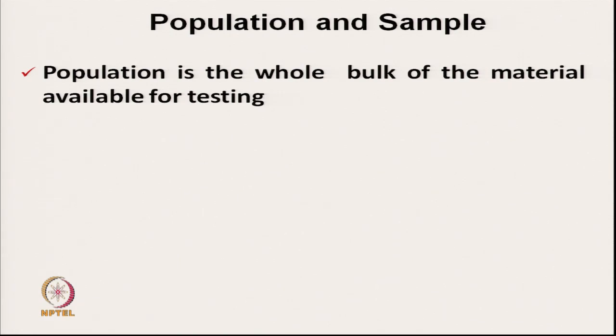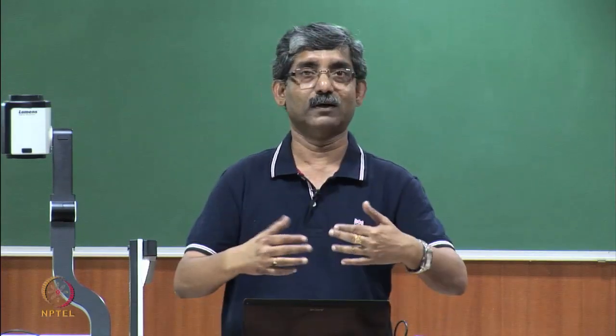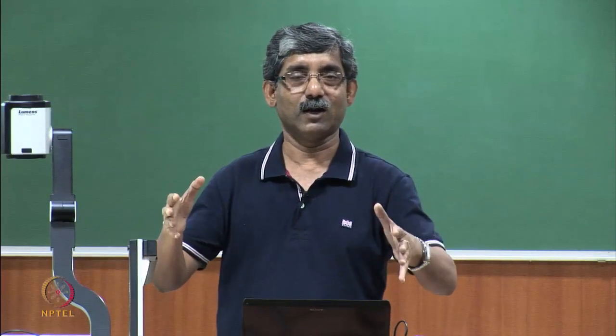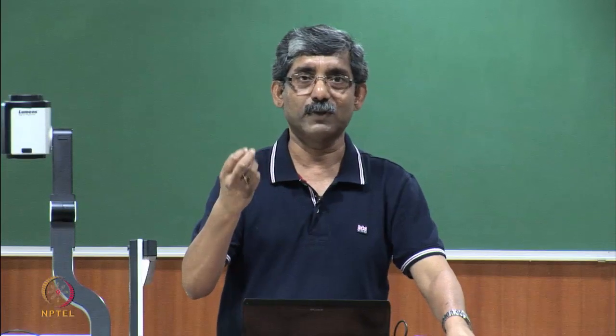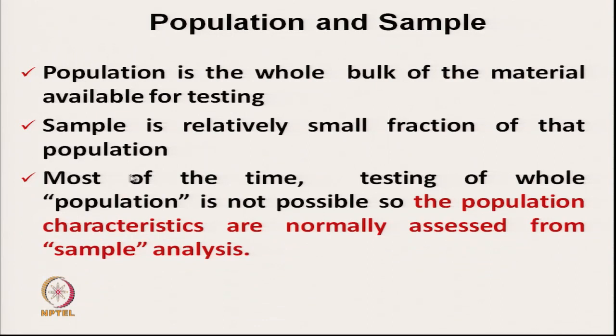Suppose, in a consignment coming to a particular customer, in a particular lot, whatever number of bobbins are there, these are called the population, and a sample is a relatively small fraction of that population. So, we take a small fraction, as we have discussed earlier. Most of the time, testing of the whole population is not possible, so the population characteristics are normally assessed from sample analysis.